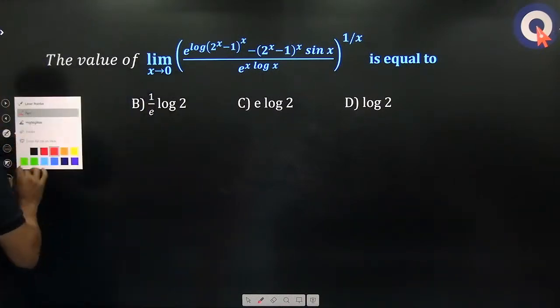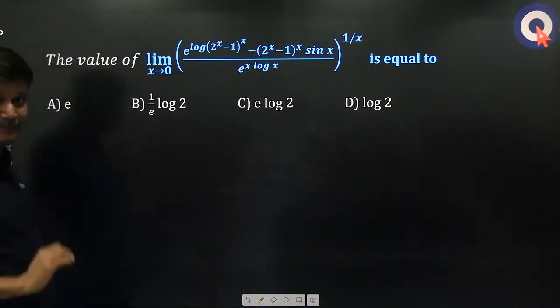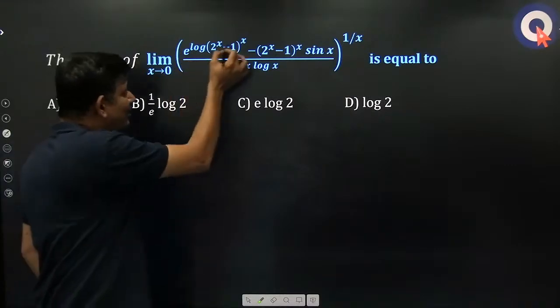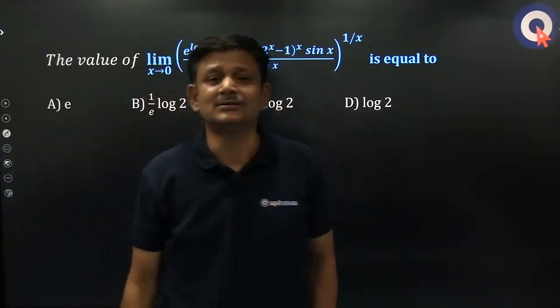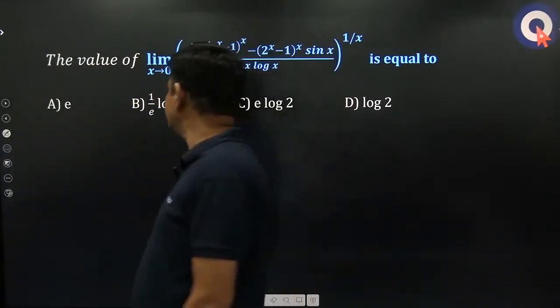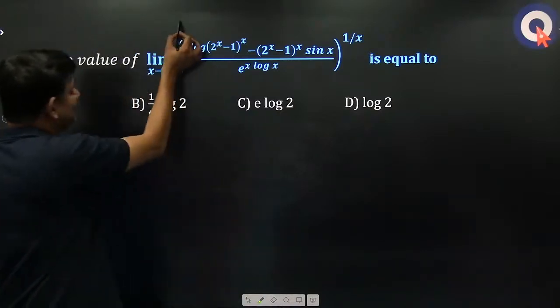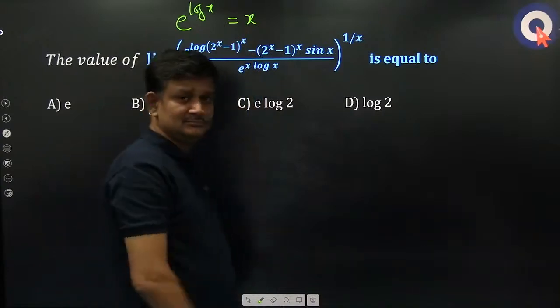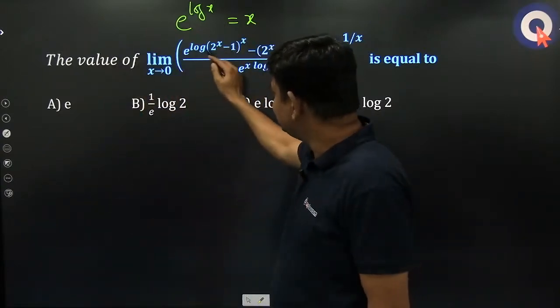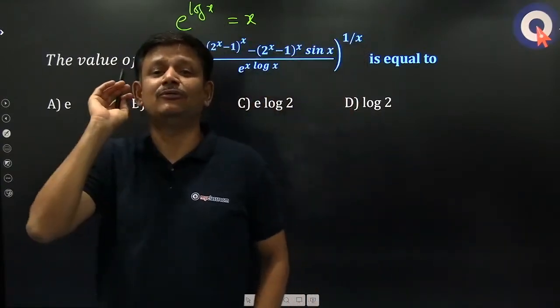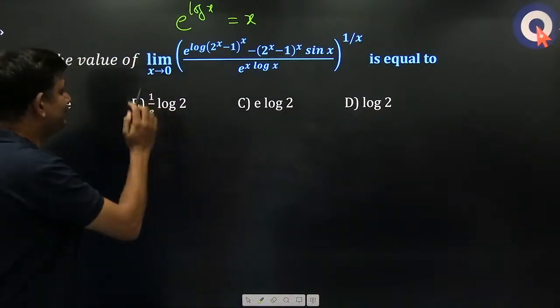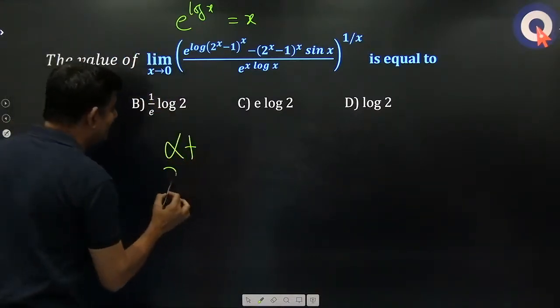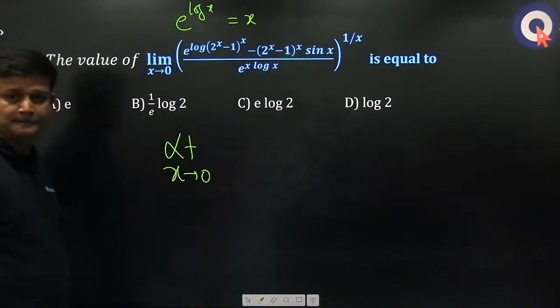So in such situations we need to be patient and patiently look at e power log of whatever. Same thing, e power log x is x itself. So this itself is an indicative that the paper setter wants you to be afraid of the question. He has in fact given you a very simple question.